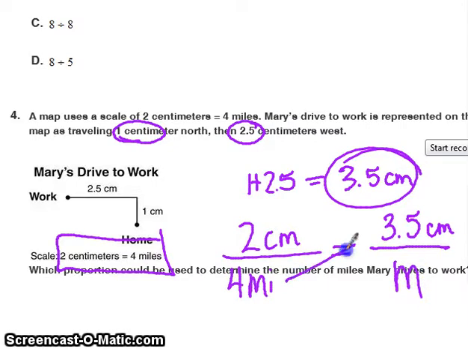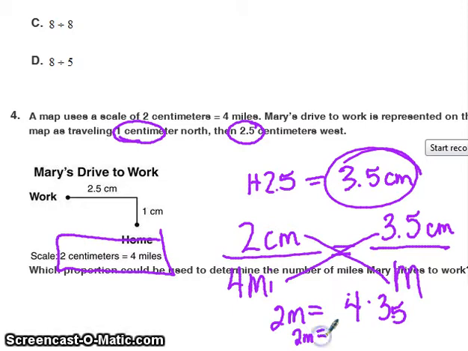Cross multiply. 2m is equal to 4 times 3.5. So 4 times 3 is 12, and 4 times 0.5 is 2, so 12 plus 2 is 14. So we've got 2m is equal to 14. Divide both sides by 2, and m should be 7.